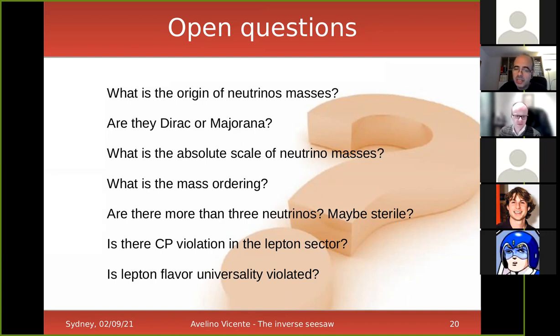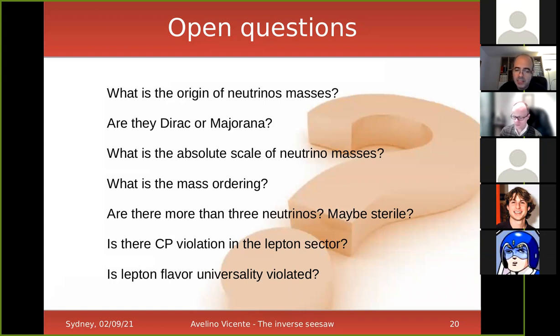Actually, there are several hints, several experiments that could maybe hint at the existence of additional neutrinos, but they have to be sterile if they exist, because we have conclusive measurements from Z boson decays at LEP. Now we have first hints of CP violation in the lepton sector. I think this is something that is very eagerly awaited in the community.